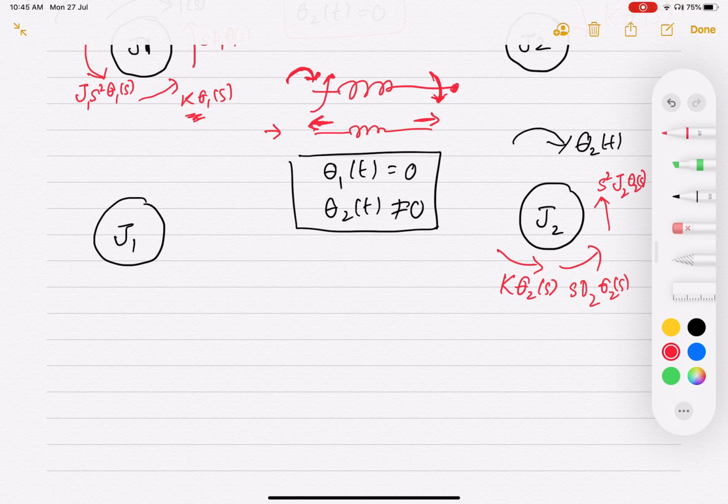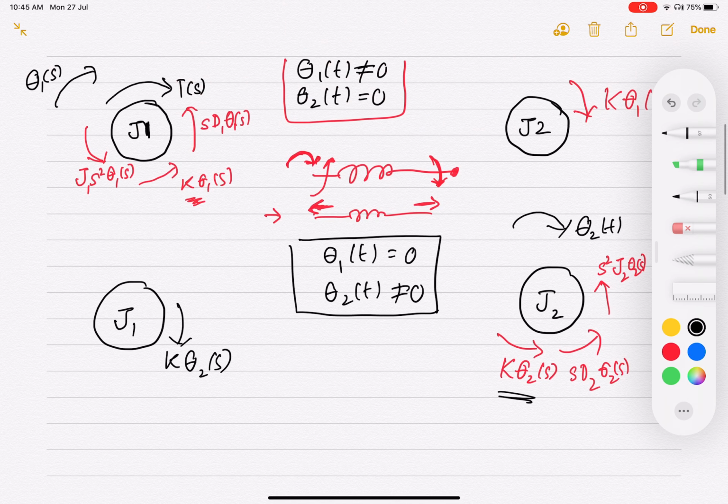These are the three torques that are going to act on J2. And what is going to act on J1 is what is common between the two, what is linking the two. So this K theta 2(s), which is counterclockwise here, is going to act in the clockwise direction here. K theta 2(s).